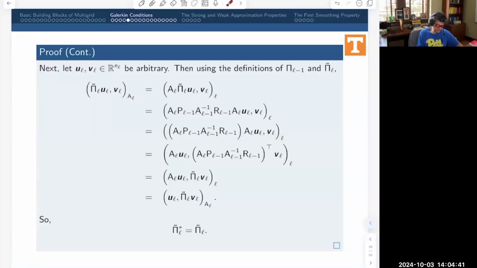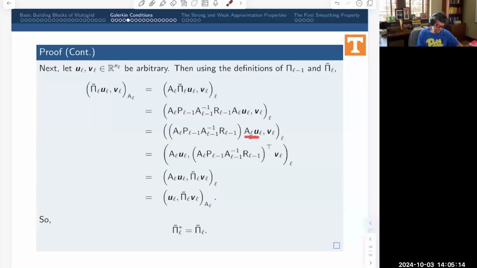Let's use the associative property and group this bit together. That's that bit there. And now let's throw that to the other side. But now since we're in the level L Euclidean inner product, that goes to the other side with a transpose of the product. Well, how do we do a transpose of the product? You take the product in reverse order and take transposes.